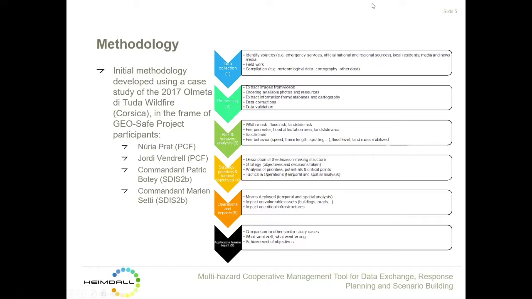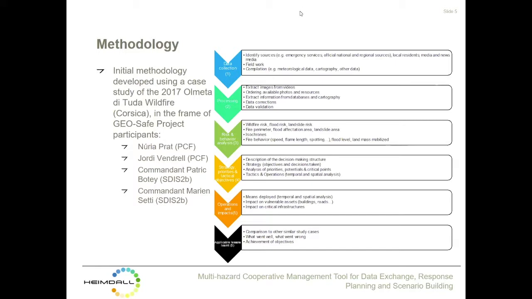The methodology used in HEIMDALL is based on the one developed in the frame of the GeoSafe project in Corsica, taking as a use case the forest fire of Olmeta-di-Tuda in 2017.